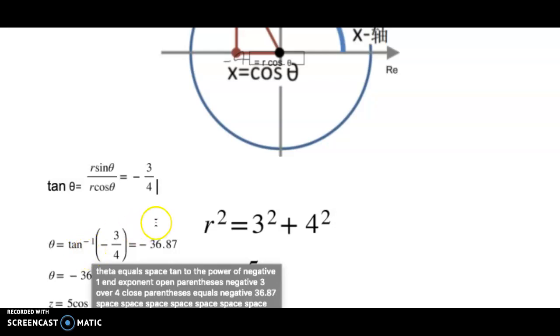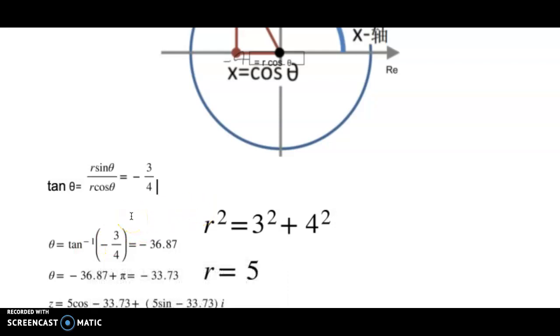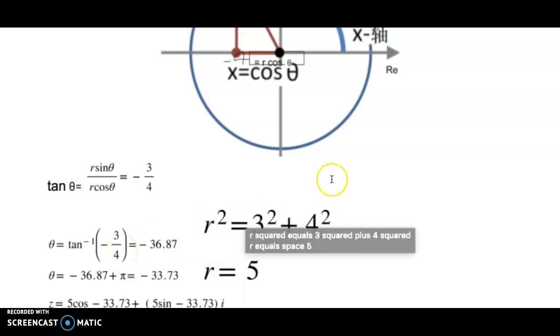So we have tan negative 1 of negative 3 over 4, which if you punch that into your calculator, you'll get negative 36.87.